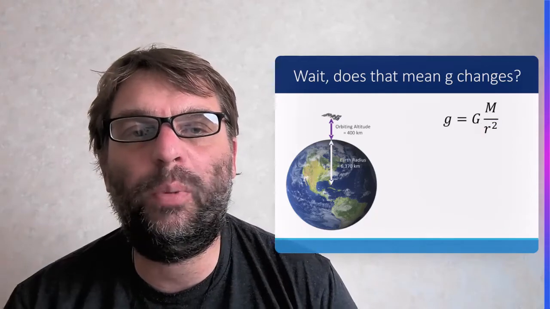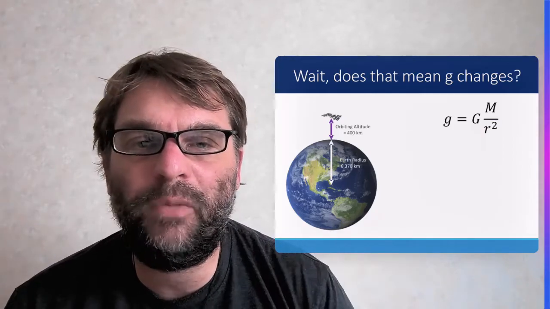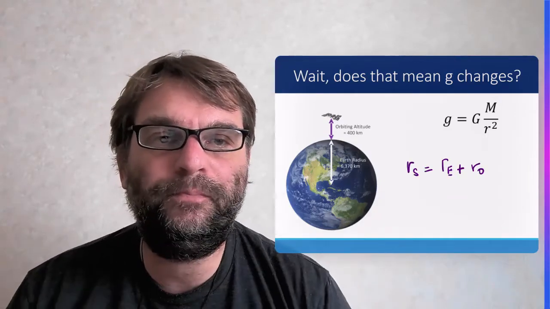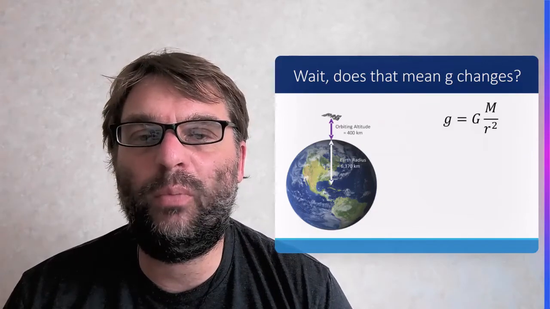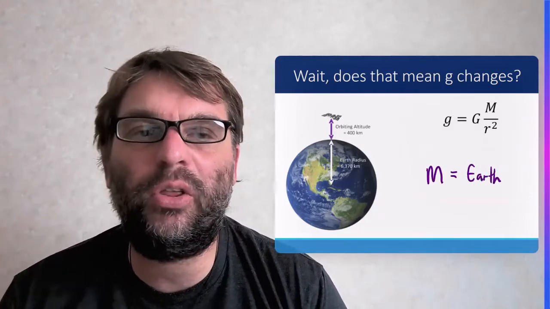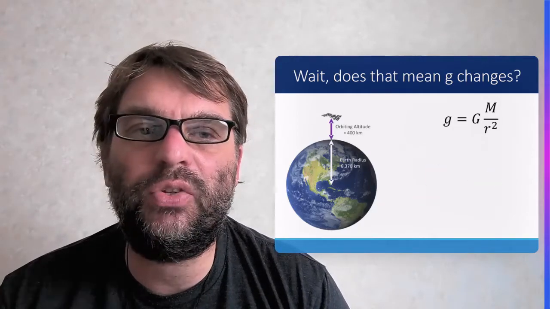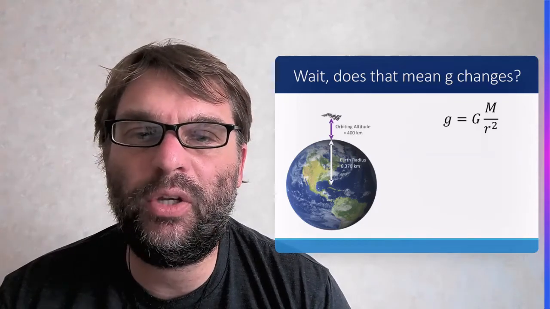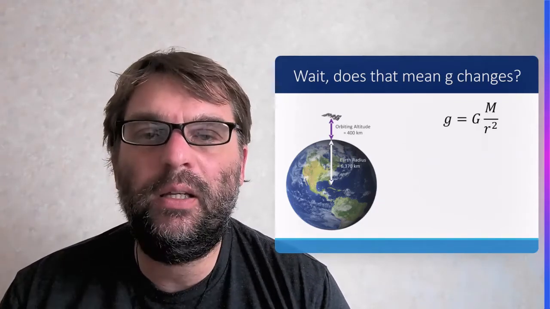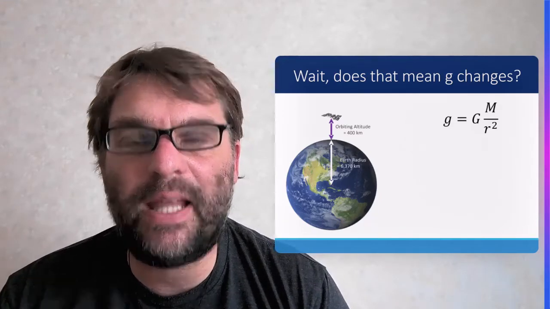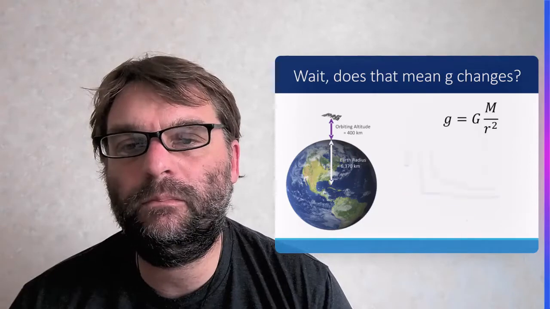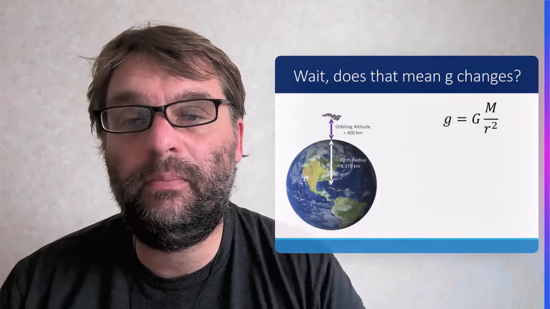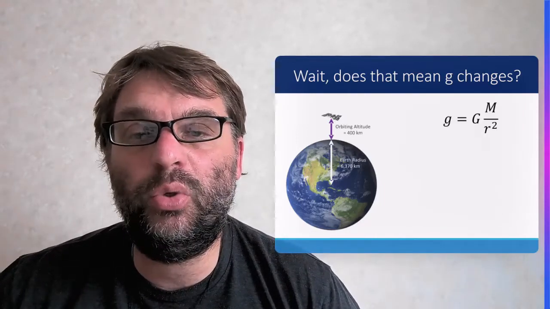For an orbiting satellite around the planet, the radius will be the radius of the Earth plus the orbiting altitude, and the mass will be the mass of the more massive object, in this case the Earth, divided by that radius squared, multiplied by this gravitational constant. So you can see the further you go out, the acceleration due to gravity is less and less by that r squared value. And that is pretty much what we'll be looking at in today's lesson.